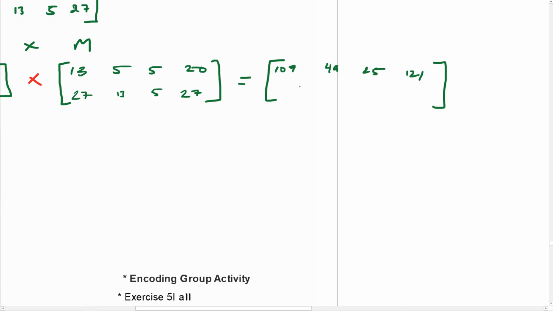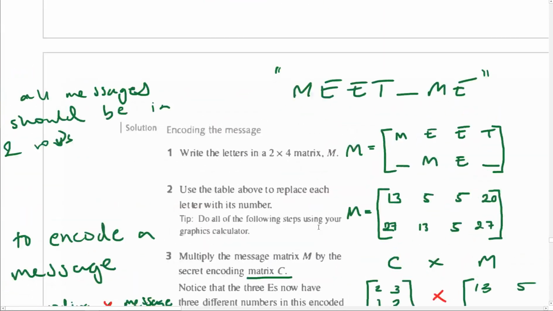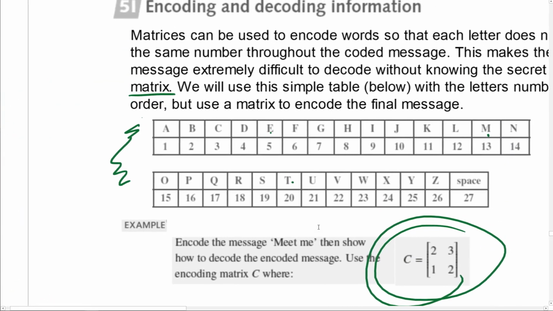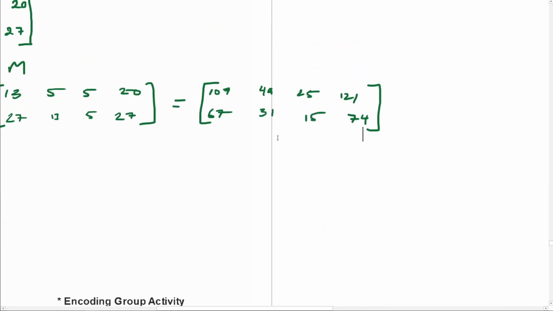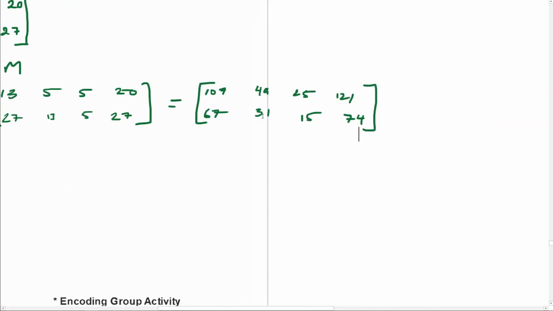There's no 121, there's no 67, there's no 31, no 50, oh there is a 15, and there's a 74, but again, you can't actually match any of these numbers with your table, because it's mixed up. So this is now when you send the message to somebody, this is it. No one can hack it unless you decode it.